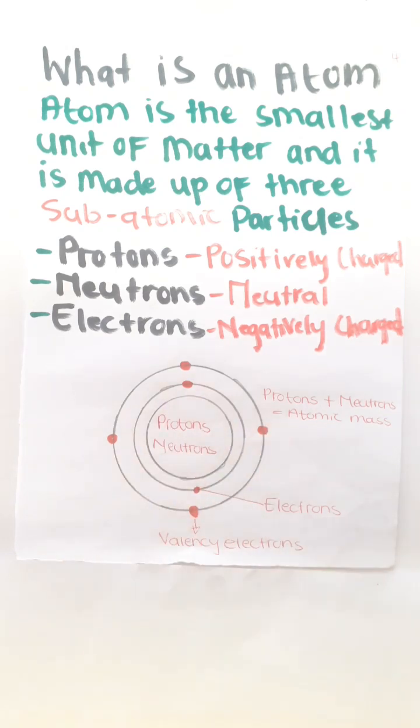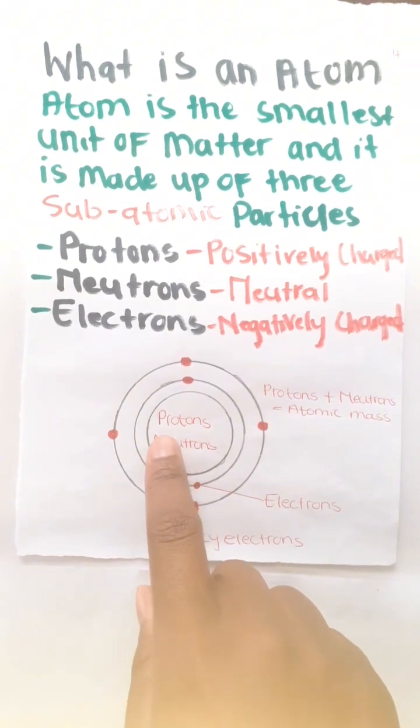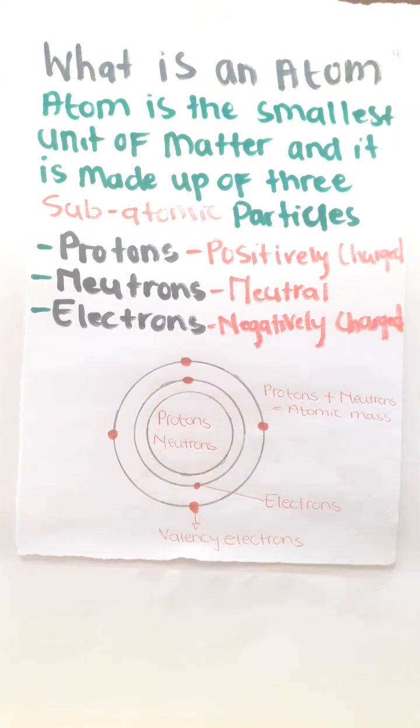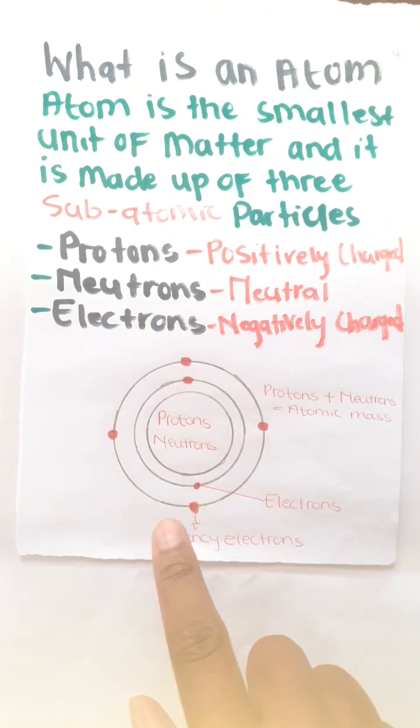Let's take this atom. Inside is a nucleus. The nucleus has protons and neutrons. The outer layer has electrons, which are negatively charged. And the outer layer, the third layer, has valency electrons.